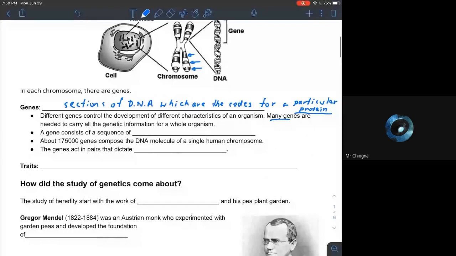So the genes control functions, and they are the blueprints for structure, everything from your eyes, what they look like, to their colors, to their different features. And a gene consists of a sequence of thousands of DNA base pairs.